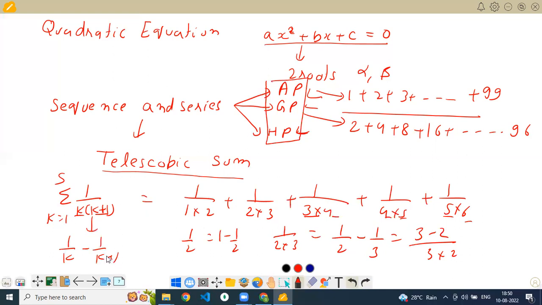So what benefit we get here is every time the next number which comes is a negative of the previous number, so we can cancel them. Suppose 1 by 1 into 2 plus 1 by 2 into 3 plus 1 by 3 into 4 plus 1 by 4 into 5.